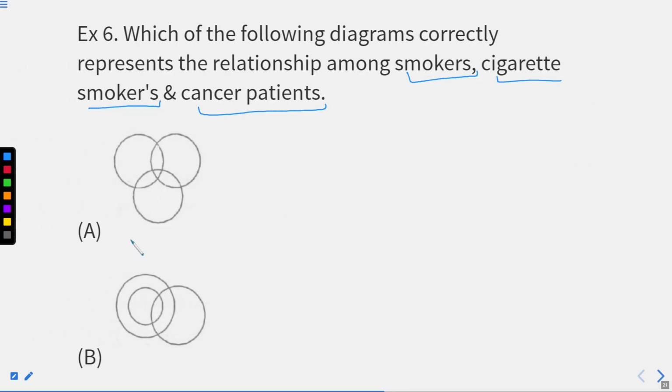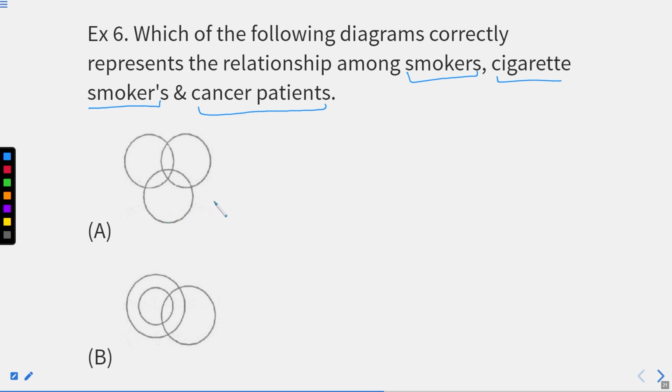So option D is already eliminated because we have three different entities, so we need three circles to represent three things, right? So let's say one circle represents smokers. Don't you feel those who are cigarette smokers are also called smokers, right?